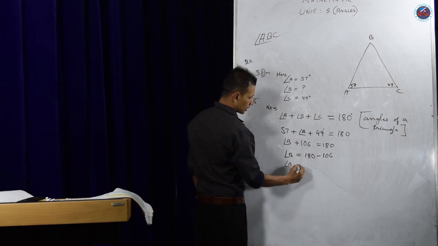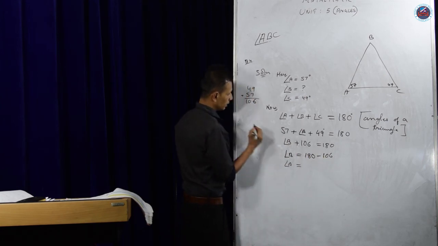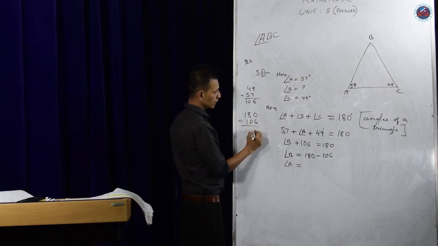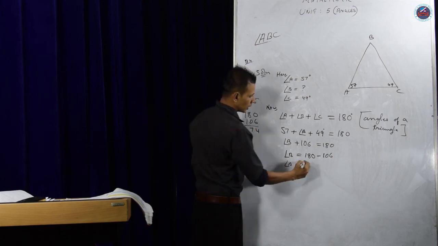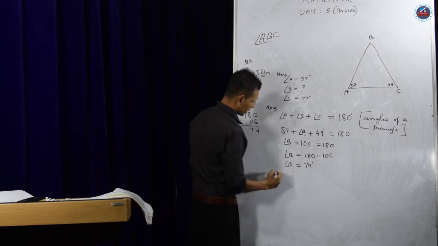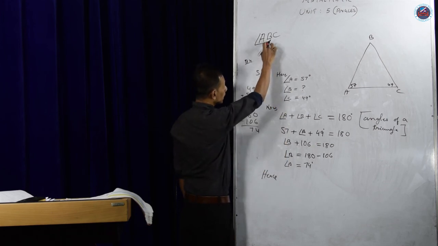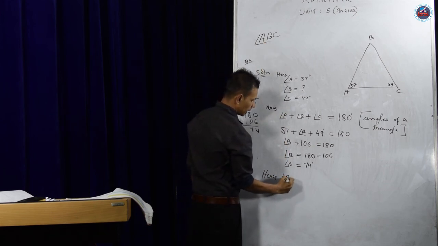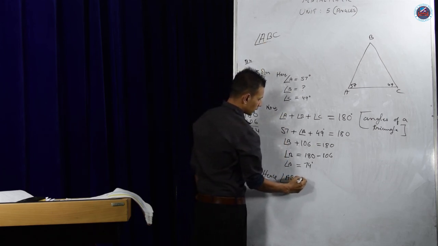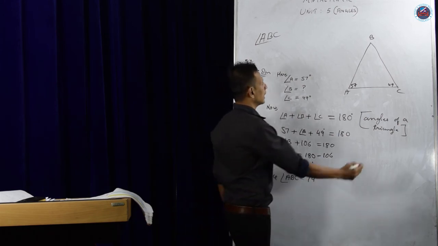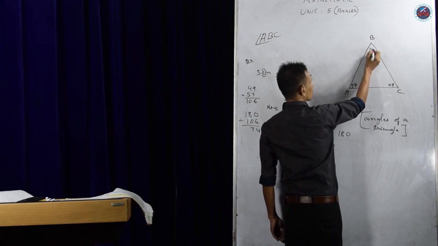Angle B is equal to 180 minus 106. You subtract, we get 74. You got 74 degrees. Hence, angle ABC is 74 degrees. That means this is 74 degrees.